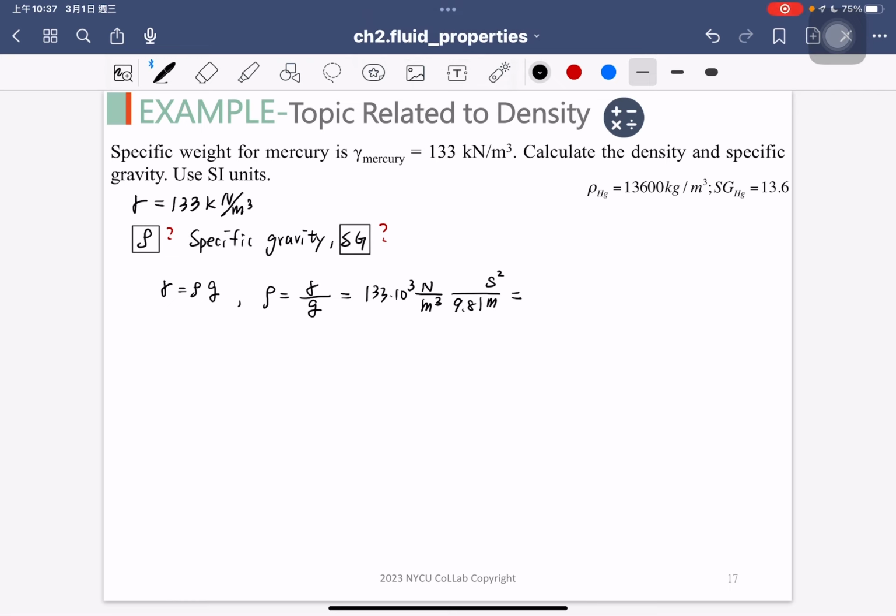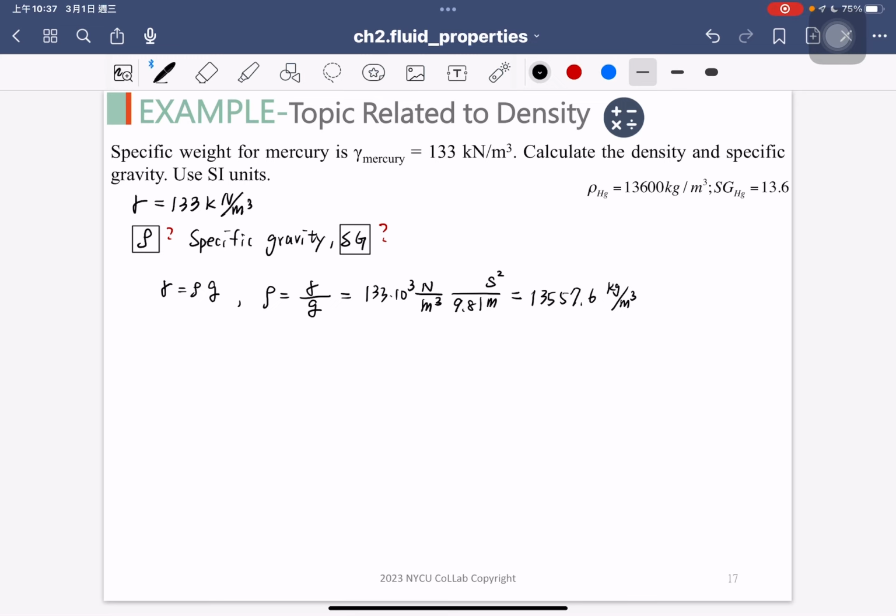Use your calculator to compute the answer by yourself. For me, the density is around 13,557.6. Okay, around. The unit is kilogram per meter cubed.